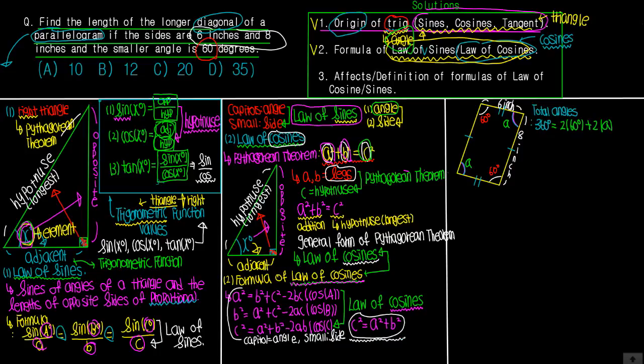So 360 degrees is equal to 2 times 60 degrees plus 2 times A. What is 2 times 60 degrees? Well, it will be 120 degrees, plus 2A should also be 360 degrees.